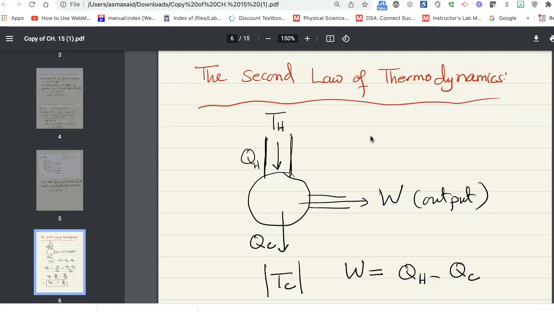Now, the second law of thermodynamics is talking about a machine, an engine, that has heat transferred from a reservoir at a temperature T high, and then does some work that is my output, and expels a Q cold.